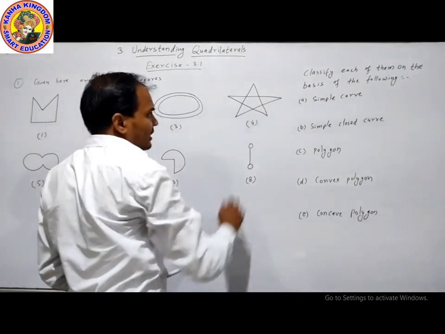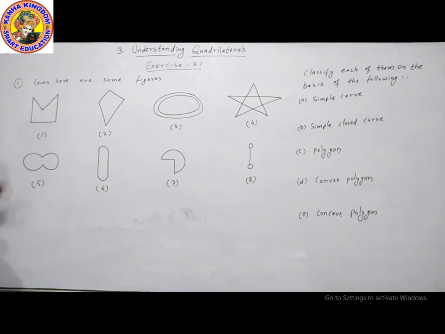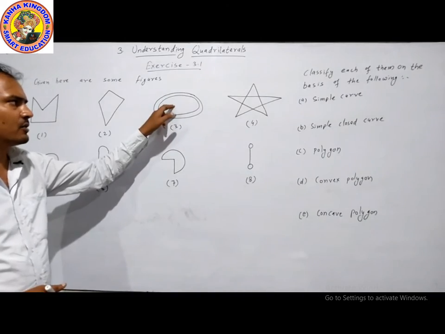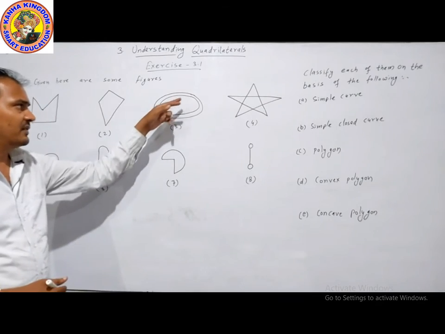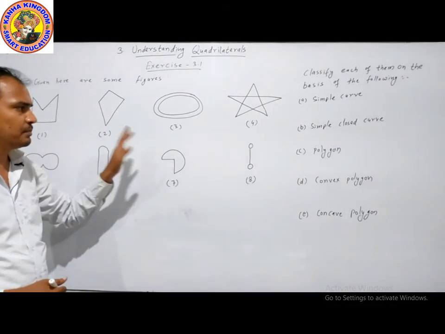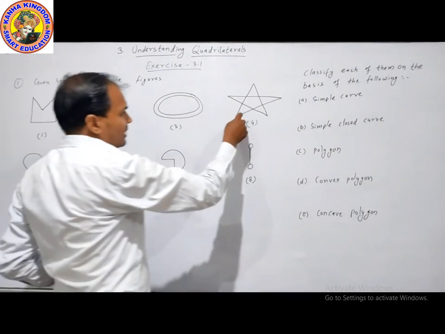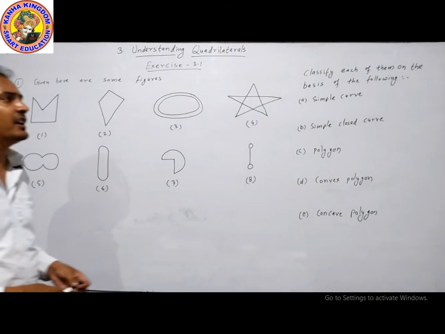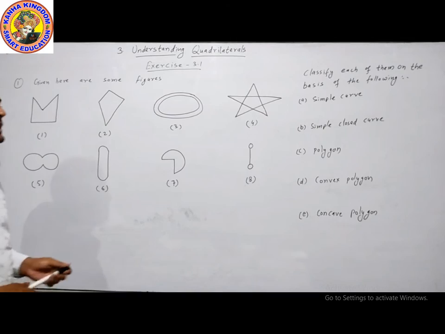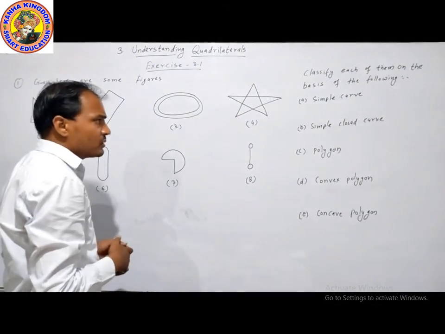First, the simple curve. This is our simple diagram, but this is our complex diagram. There are 2 circles. If we use one circle, then this is a simple curve, but in this diagram there are 2 circles. In this diagram there are 6 different polygons which are joined to each other, so this is complex.